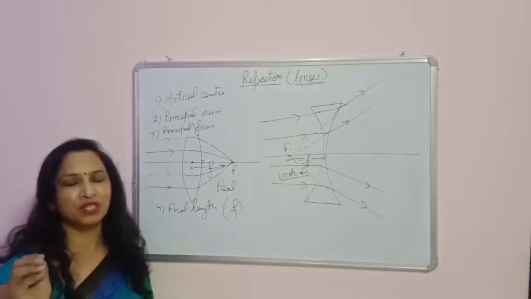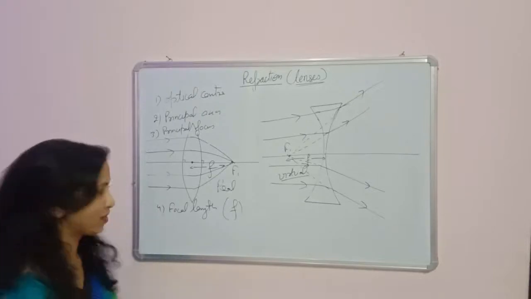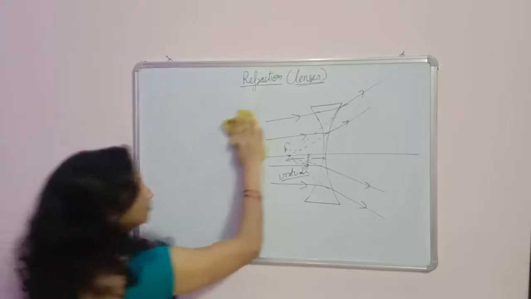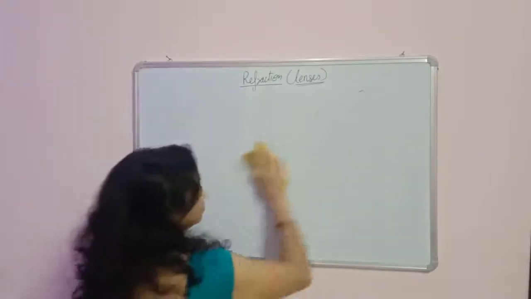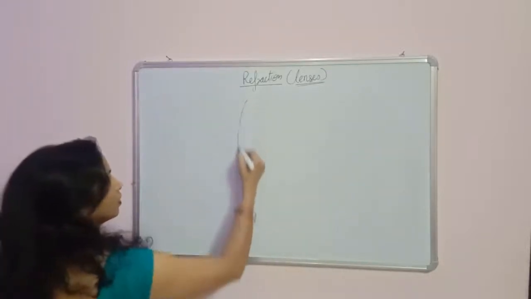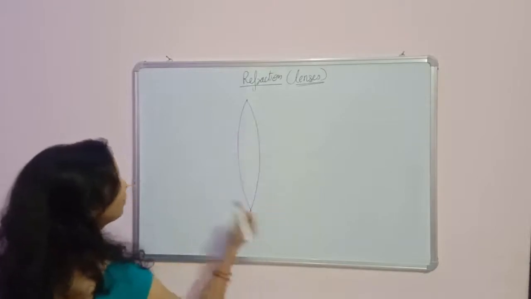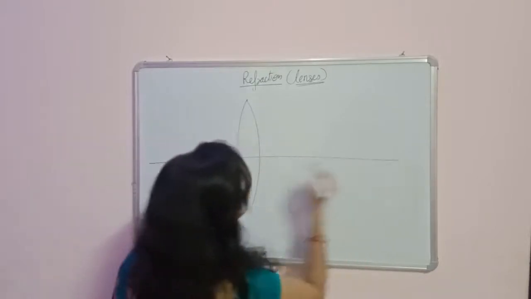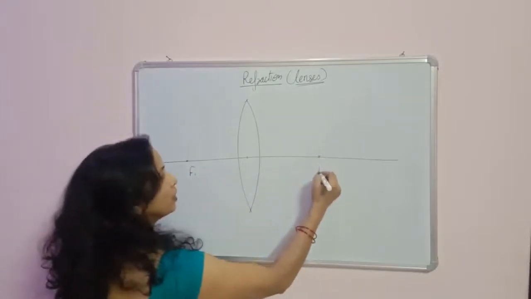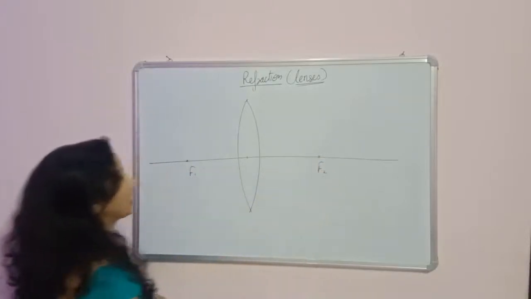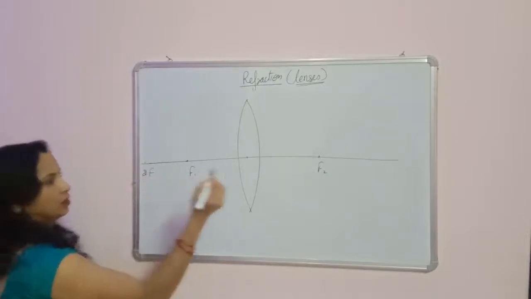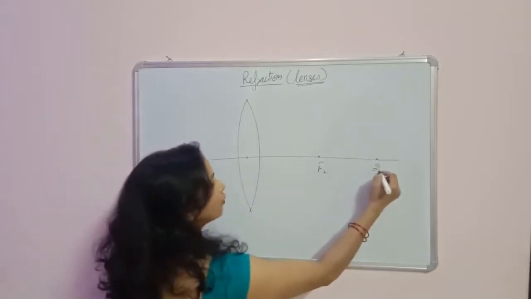In the case of a convex lens, this is the optical center, and we know that the focal length is on either side, f1, f2, and double of this focal length is called 2f.